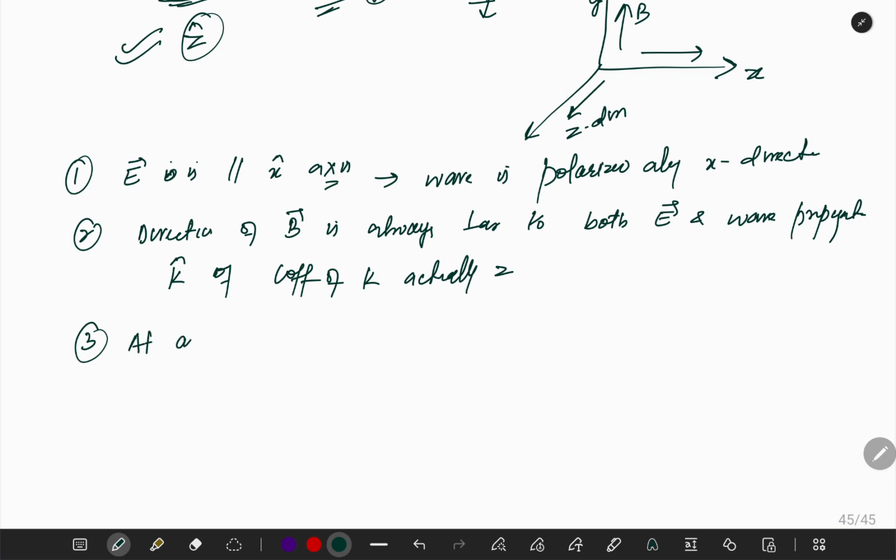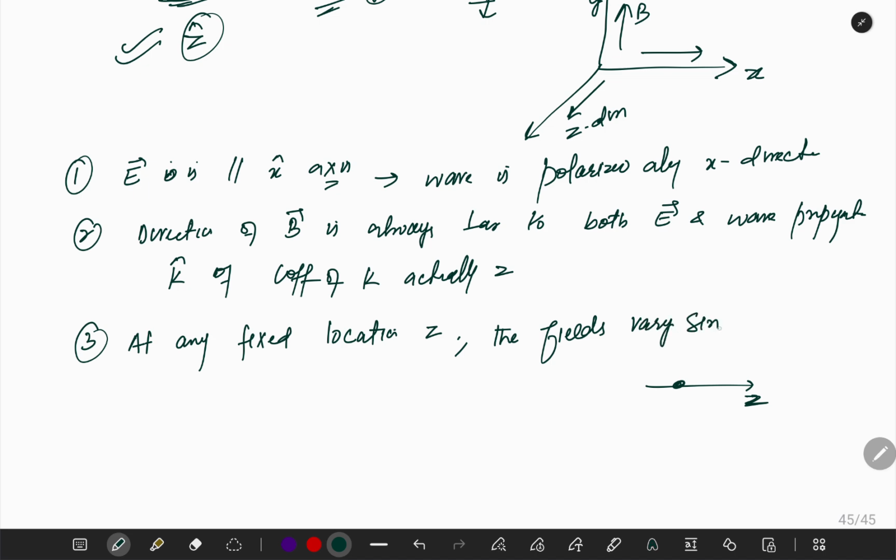at any fixed location along z, if z is the direction of propagation and you stand at some point, the fields vary sinusoidally in time.